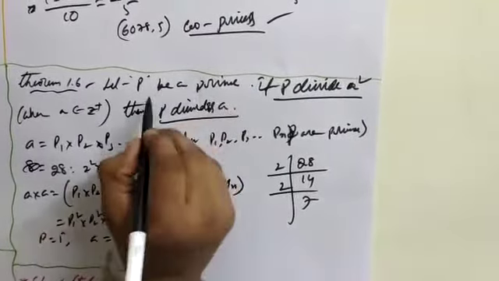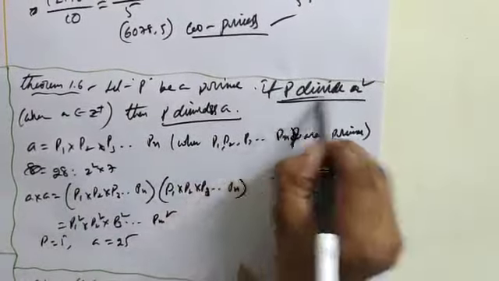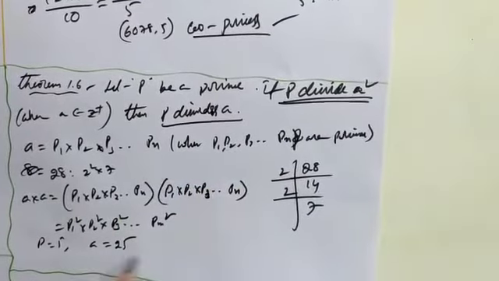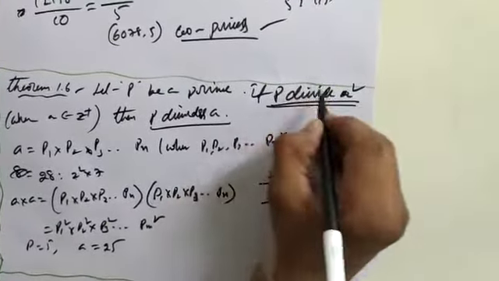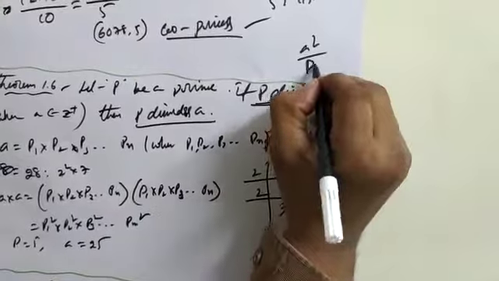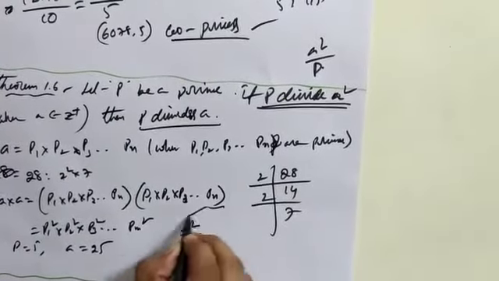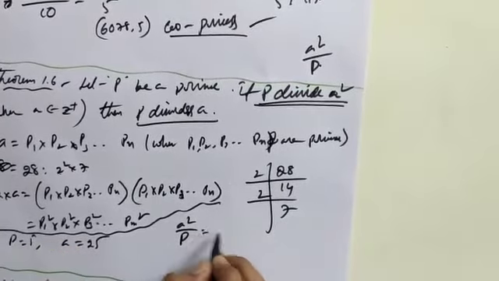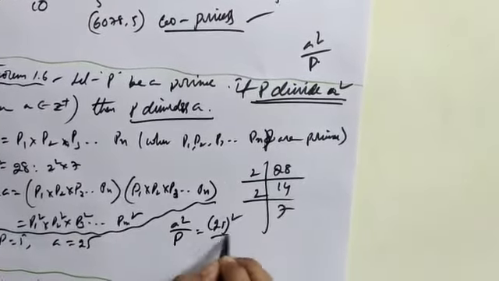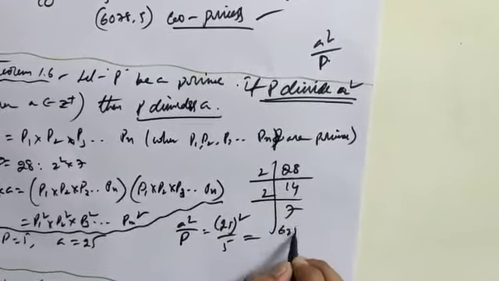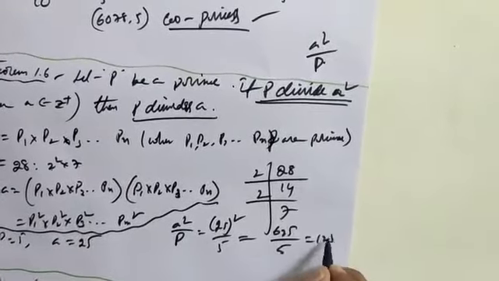Next, P divides A square means A square by P. A square by P is equal to 25 whole square divided by 5, that is 625 divided by 5, which is equal to 125.